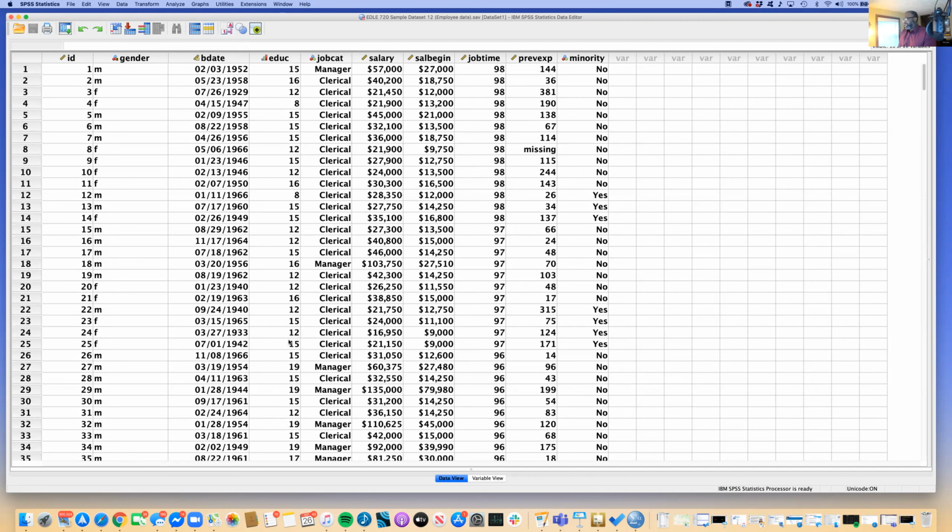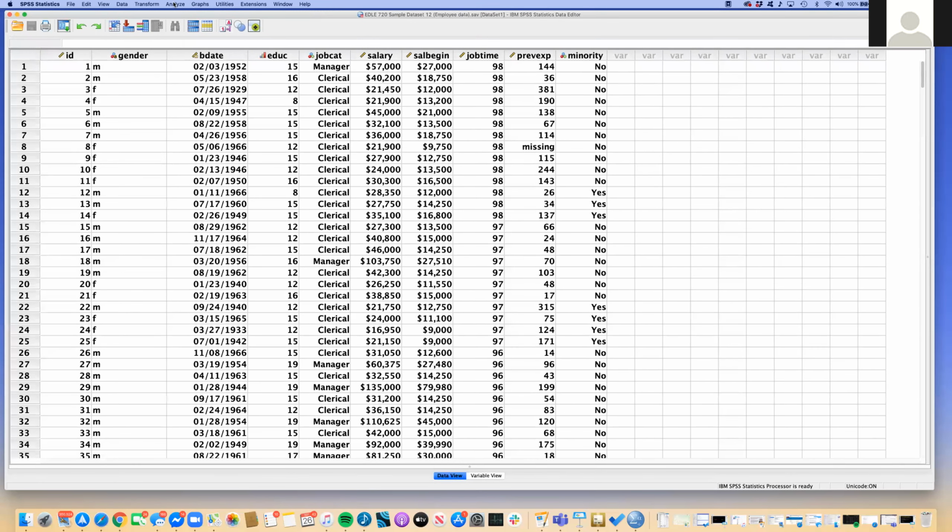I'm thinking that it's probably miscategorized. I think this is more along the scale. If it were less than high school and high school diploma, then that would be categorical. But as it is, you're absolutely right. Thank you very much. We are taking a look at minority, job category, and gender.